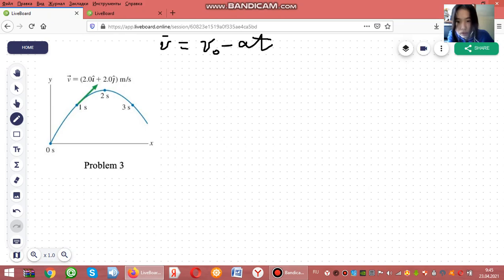And solving for Vx using this equation will be something like this.